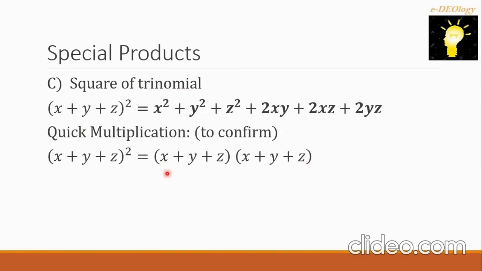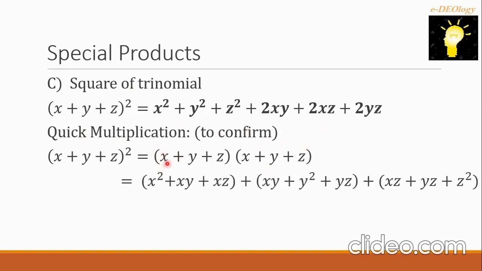Then we will do a long multiplication. So this variable x, I'm going to multiply to all the terms of the other group. So it will come like this. X times x will get x squared, x times y is xy, x times z is xz.